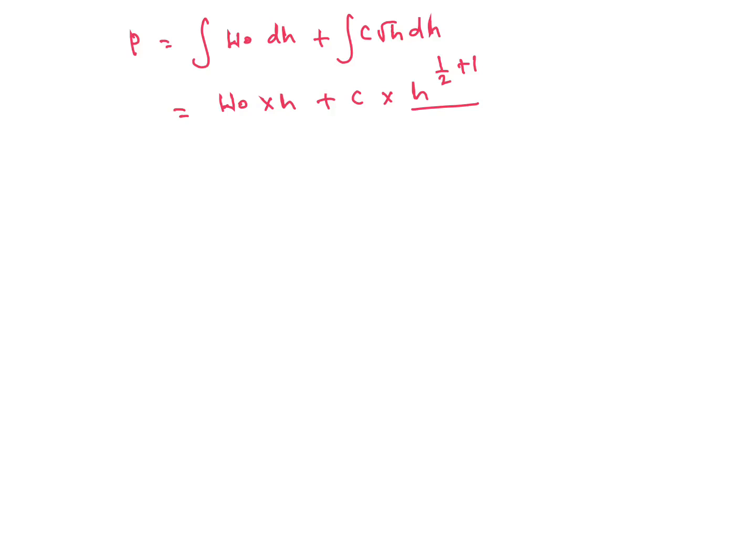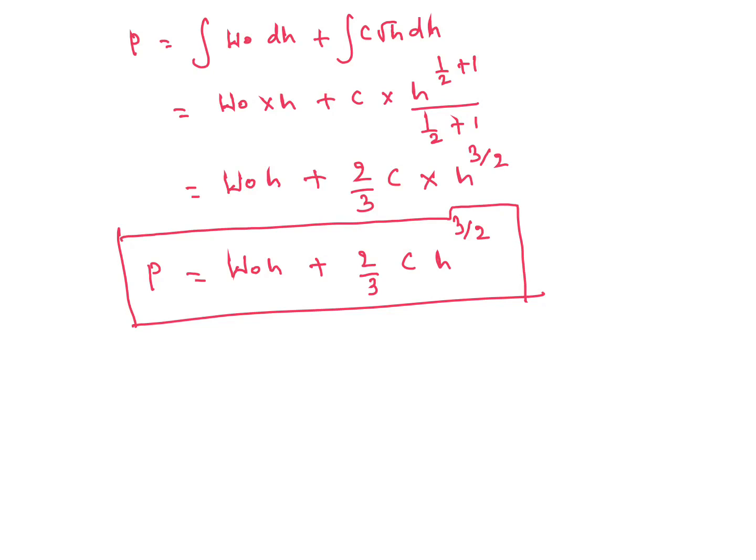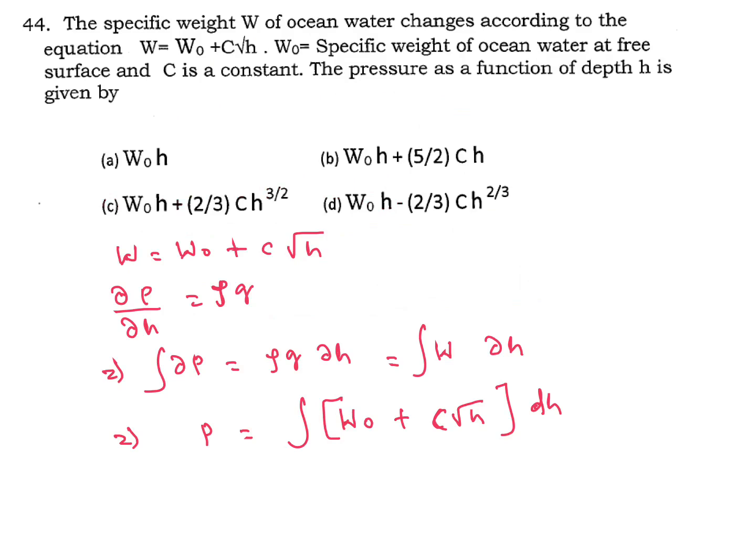So W0 into H plus 2 by 3 C into H to the power 3 by 2. P equal to W0 H plus 2 by 3 C H to the power 3 by 2. This is our answer. So from options, W0 into H plus 2 by 3 C H to the power 3 by 2, C is our answer.